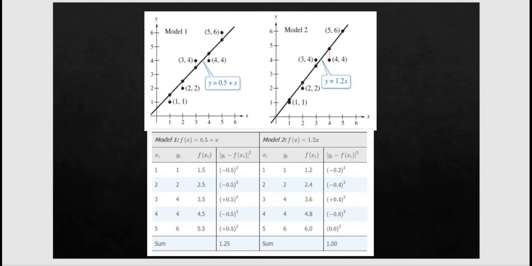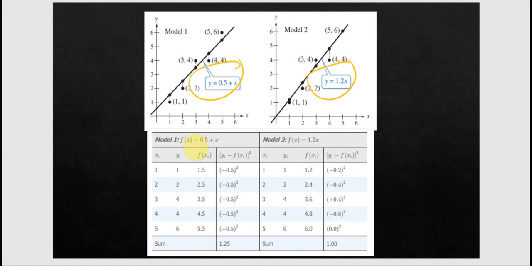So looking at model 1 and model 2, here's still the same data points, but with an approximation of a particular line fit. Now in model 1, you see the points x sub i, y sub i, and then the so-called function value, and then model 2 the same.